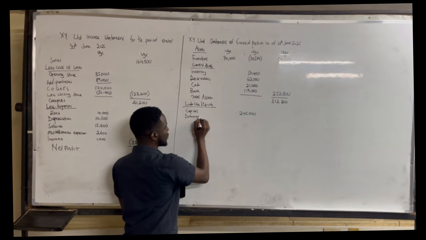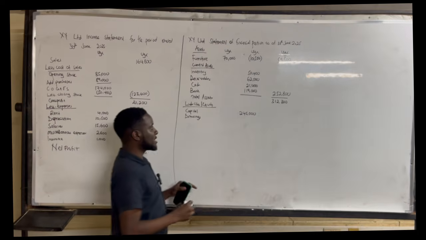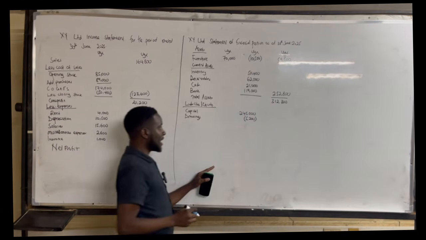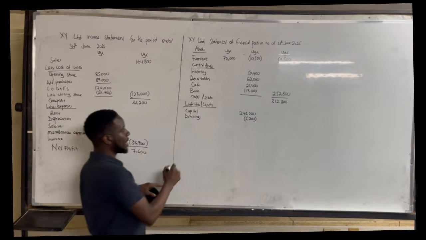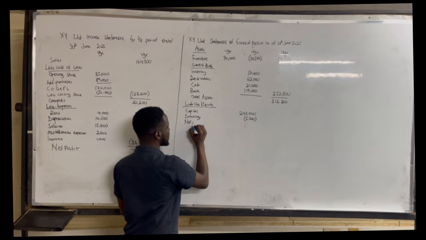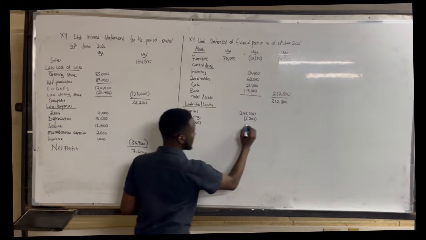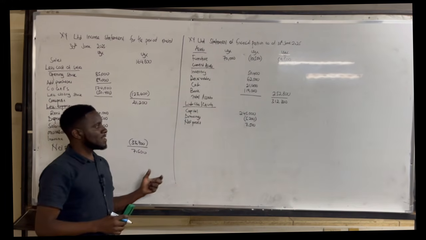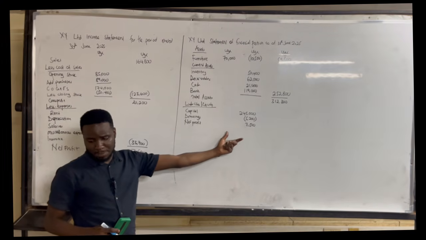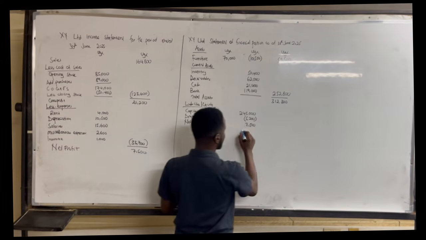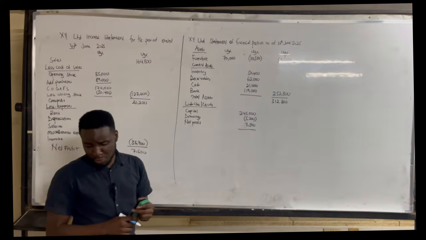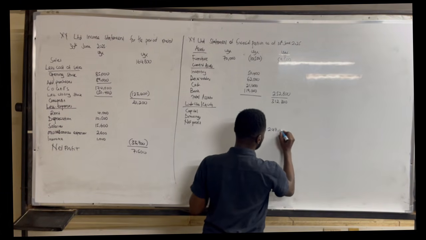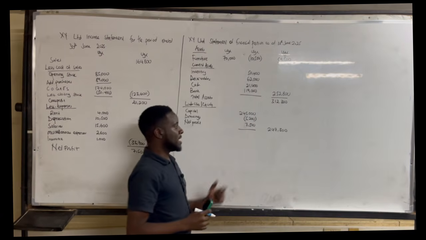These drawings are coming straight away from the cash book, and the drawings are worth 5,200. Then we bring in our net profit here. We add our net profit, which is 7,500. Then we didn't have any other item that's supposed to come here. So we are going to get our final figure as 247,300. That's the figure that we have.